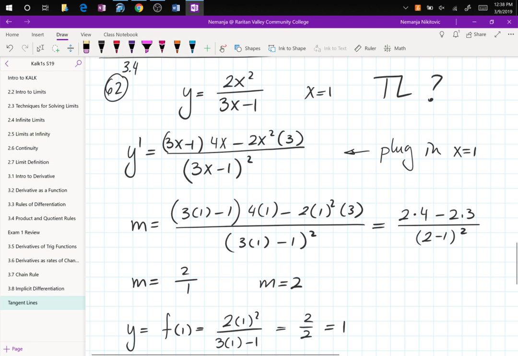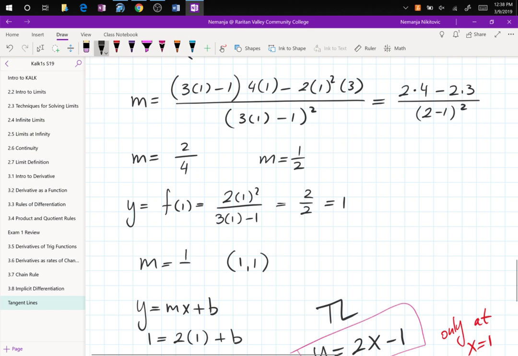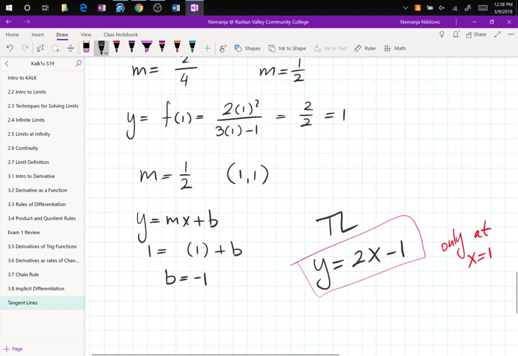Yep. 3 minus 1 is 2 and 2 squared is 4, and that changes everything. Great. So the slope is 1 half. And then 1 minus 1 half is 1 half. So this is plus 1 half.